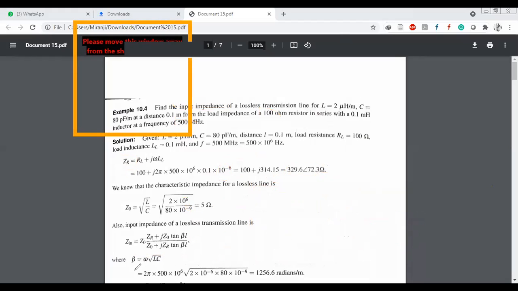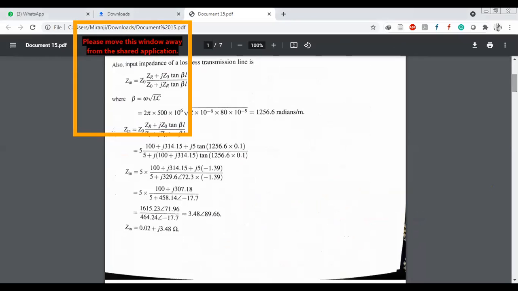From that beta equal to omega root LC, just substitute omega, 500 megahertz, into root of the L value and C value.